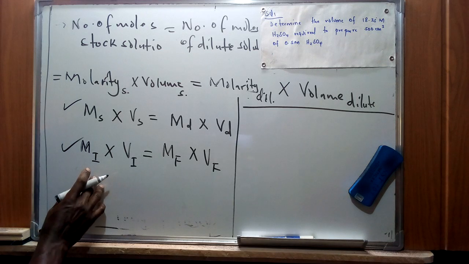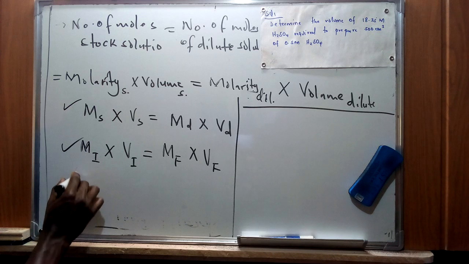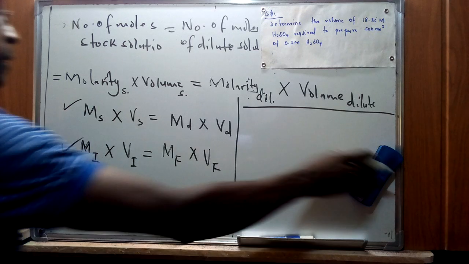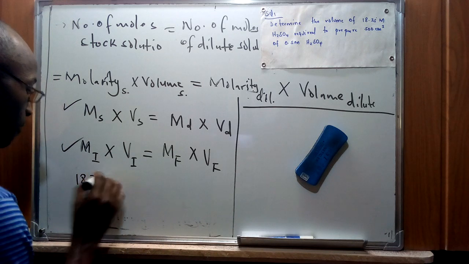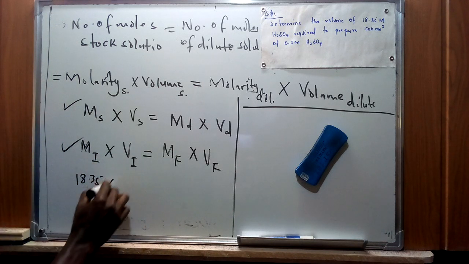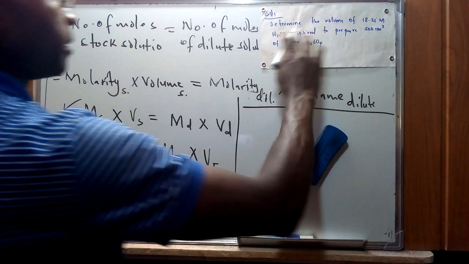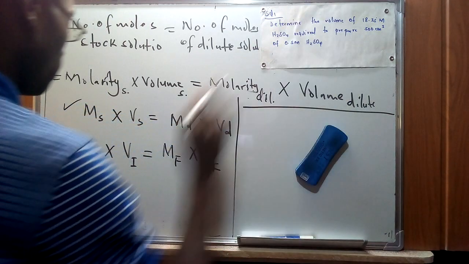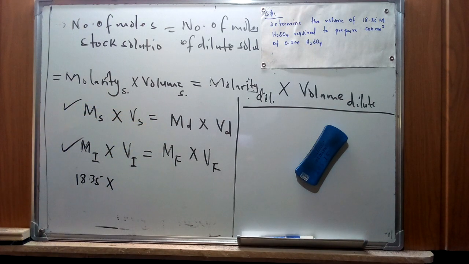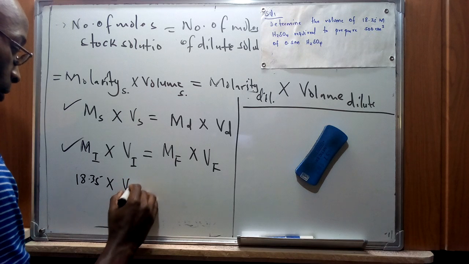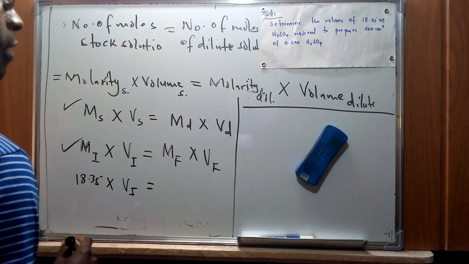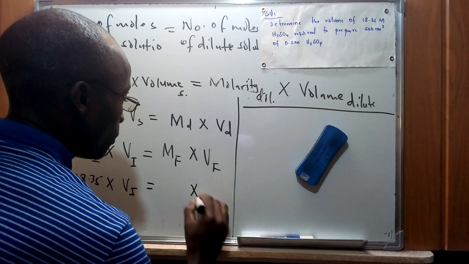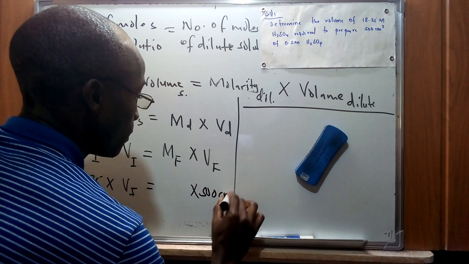So from this, determine the volume of, we have been given the molarity of the solution as 18.35. So this is M initial. Then, required to prepare 500 centimeter cubed, so the final solution should be 500 centimeter cubed.